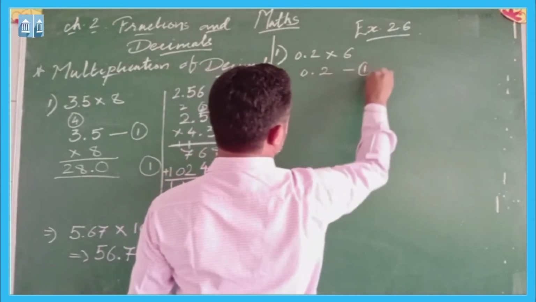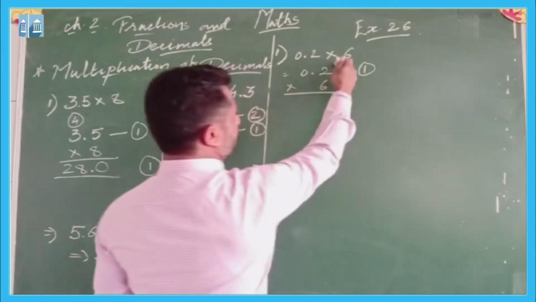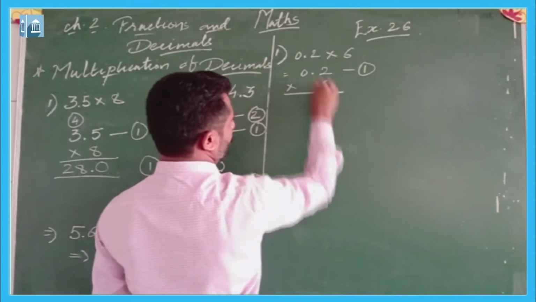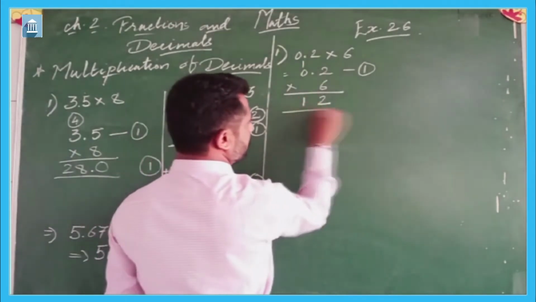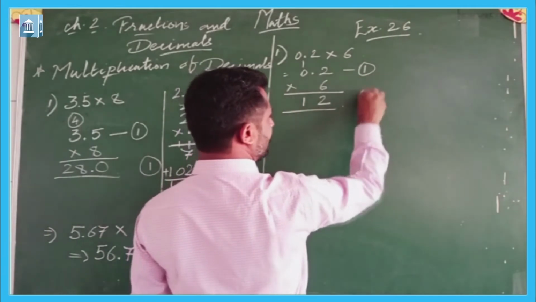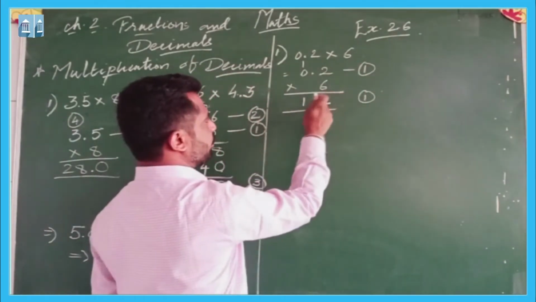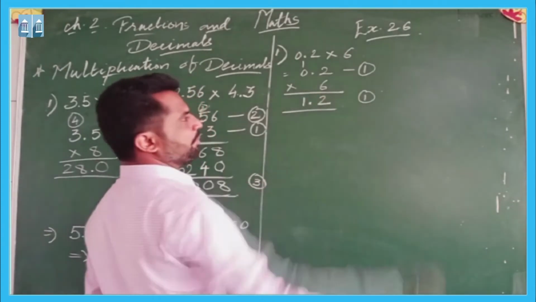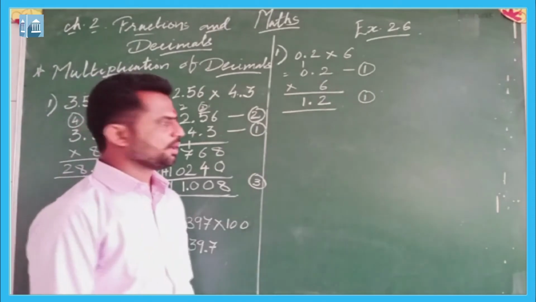Here decimal point is 1, multiplied by 6. 2 times 6 are 12. 0 times 6 is 0 plus 1. It is 1. Now here 1 is there. When we carry it here, it will be 1 only. So from 2 we will start, 1 and decimal point will be here. So the answer is 1.2.